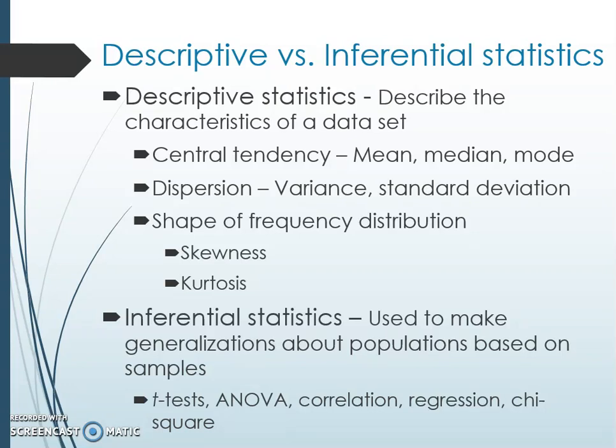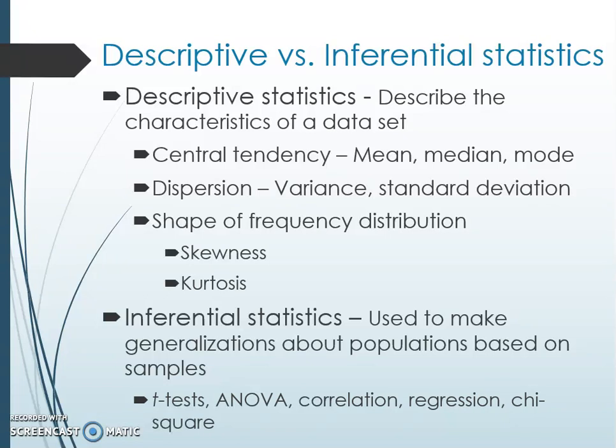So rather than looking at the entire population, we'll take a sample, which makes our job a little bit easier. But since we're not looking at everyone who could possibly be in the population, we have to make some inferences about that.